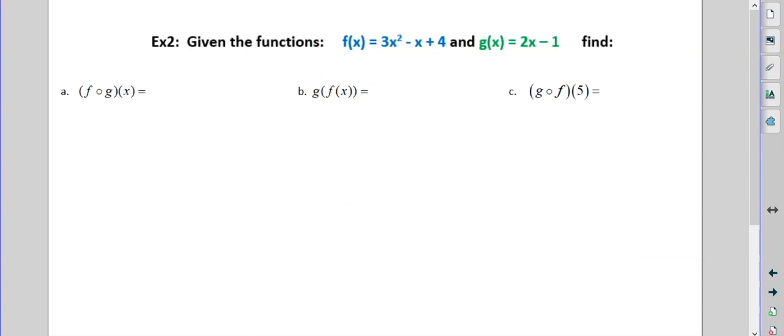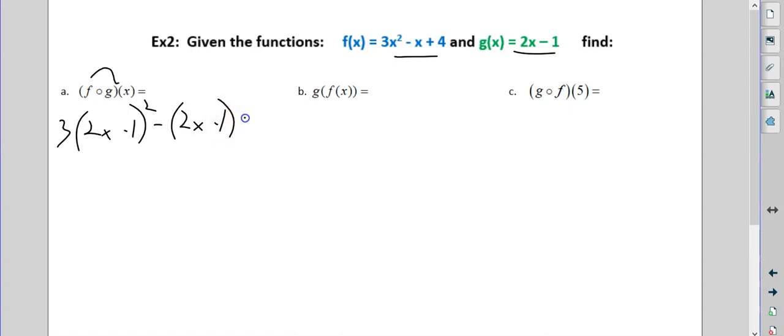Okay. Same idea. Here's an F. Here's our G. So we're going to plug G into F. Now this one's a little bit more work because we have 3 times x squared, so we have to put 2x minus 1 squared minus, careful here, minus x, so you need parentheses, 2x minus 1 plus 4.